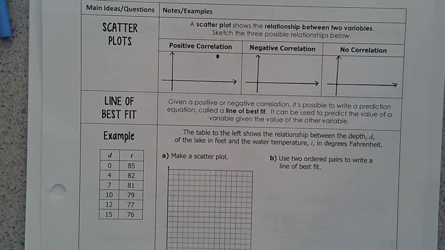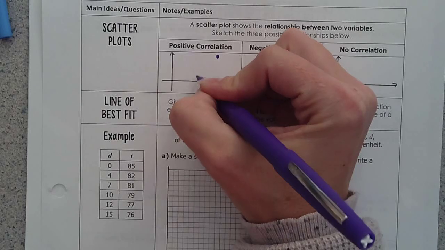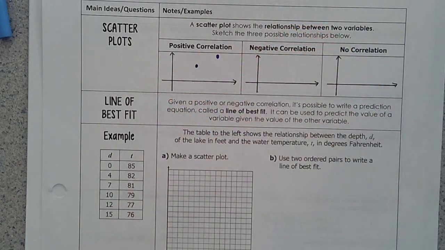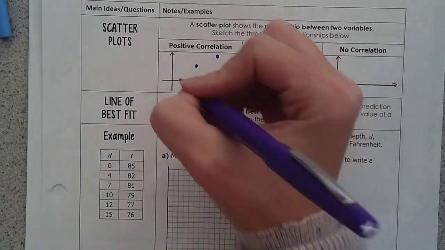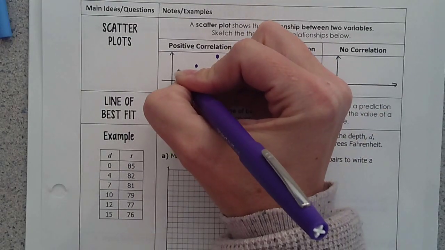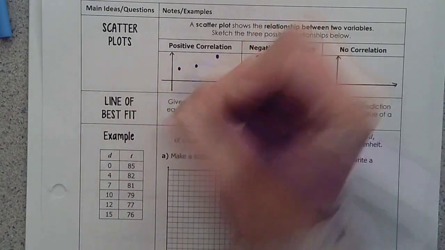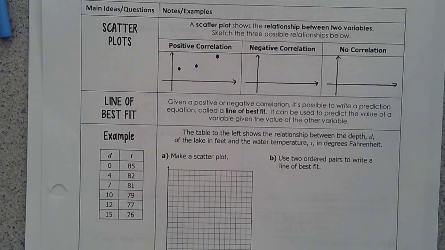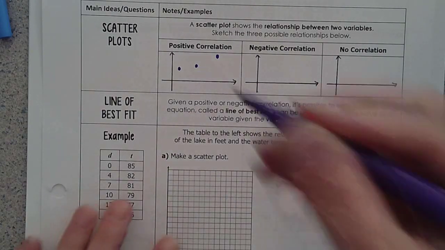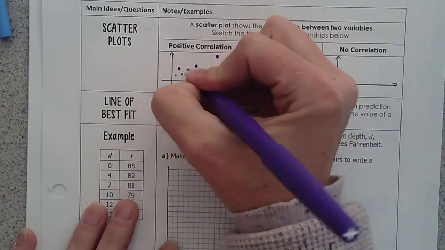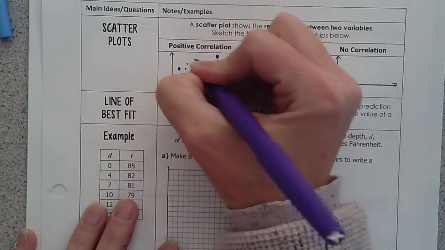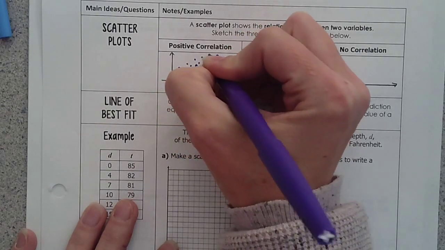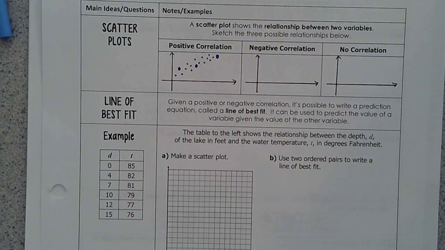And then I asked another person, they were kind of medium sized and kind of medium shoe sized. I asked somebody who was pretty short, and they had a fairly small shoe size. And then remember, I asked 100 people. So I actually have 100 dots on my graph here, and I'm looking for a pattern in the dots.